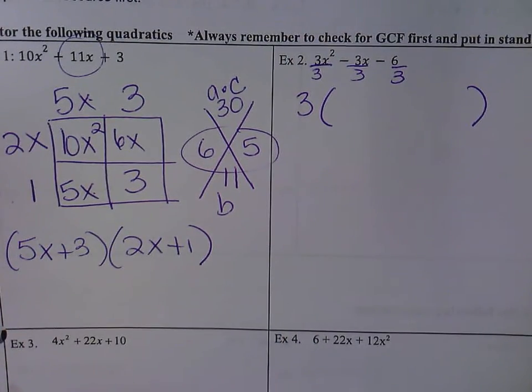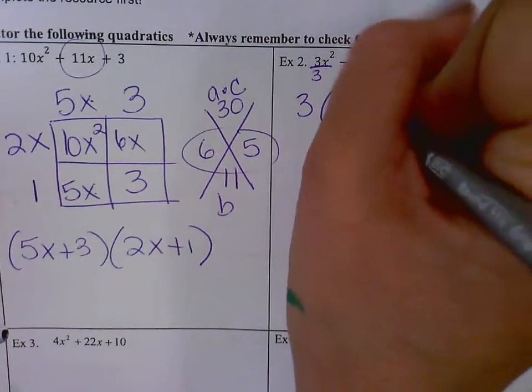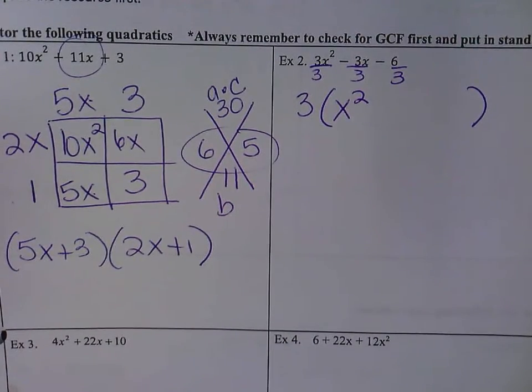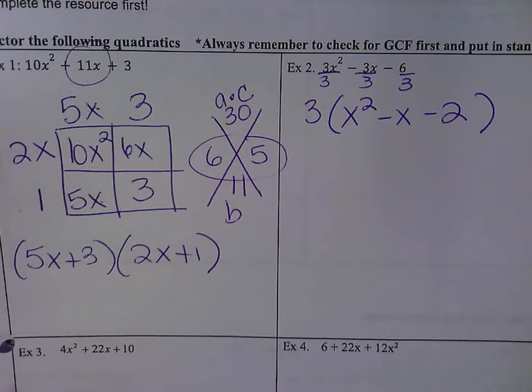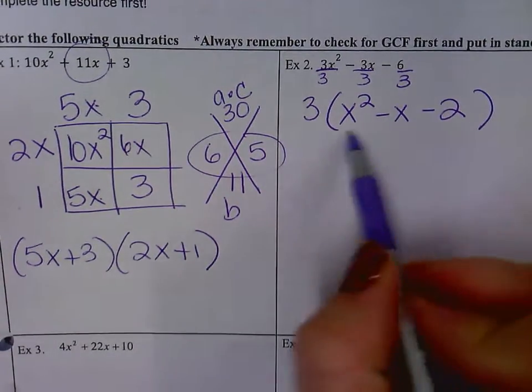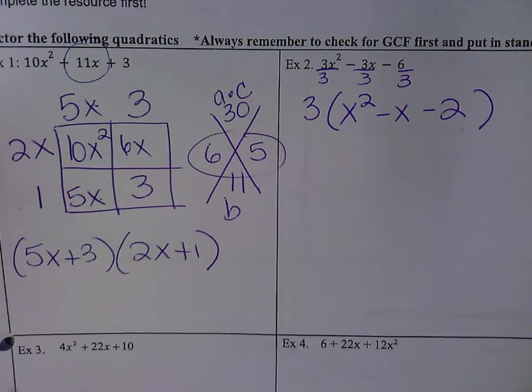I would just have x squared, and then 3 divided by 3 would give me minus x, and then minus 2. This is not finished, but at least now I only have to do the diamond method, because this is a 3-termed quadratic.